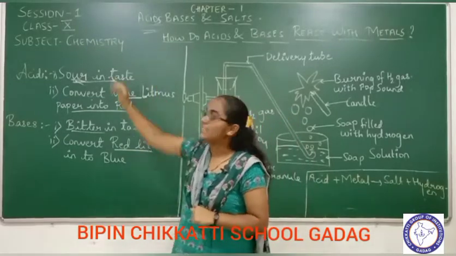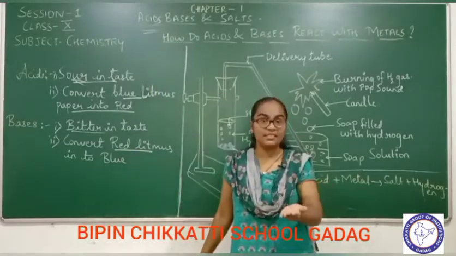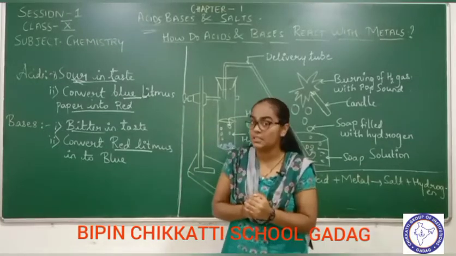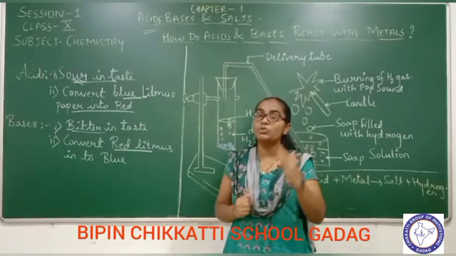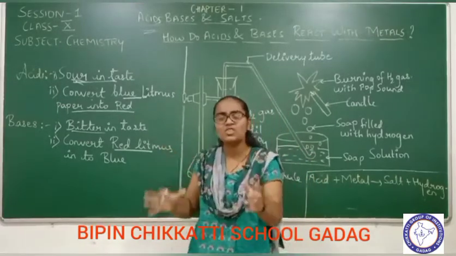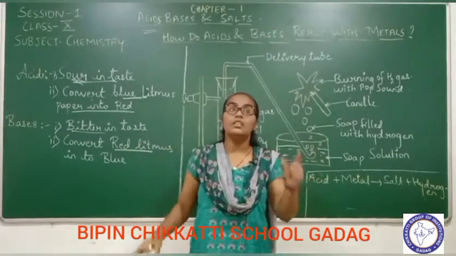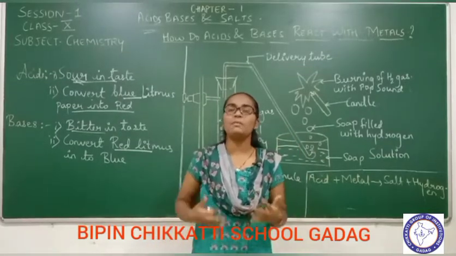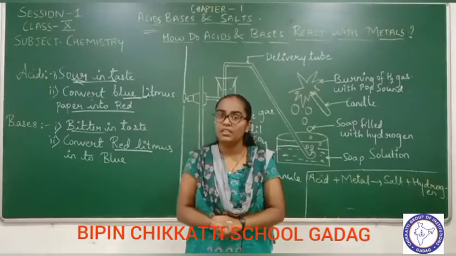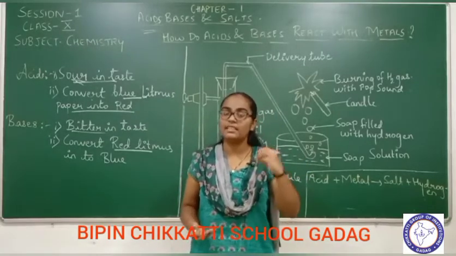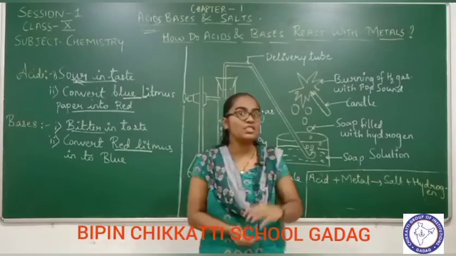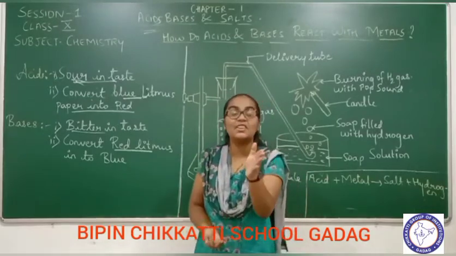The second test, which we will understand, uses litmus paper. But first you need to understand that physically, acids and bases are naturally present in our foodstuff. For example, some people suffer from excessive acidity. What is the acidity problem? In your stomach there is a natural digestive juice which is secreted, and that juice is HCl, hydrochloric acid.